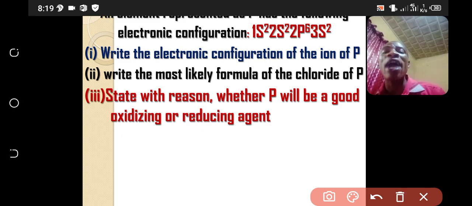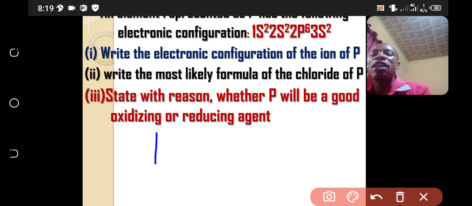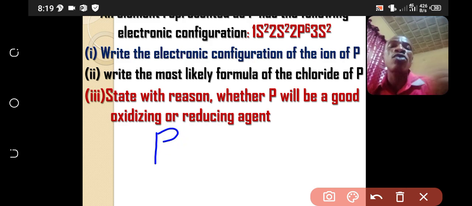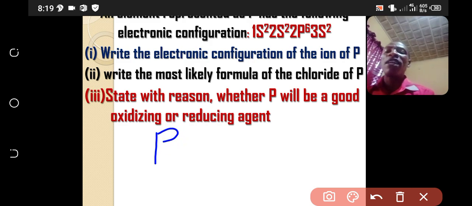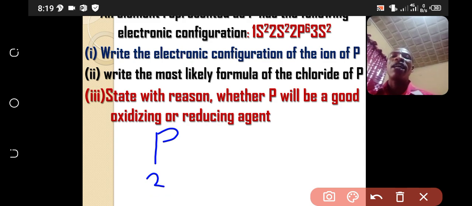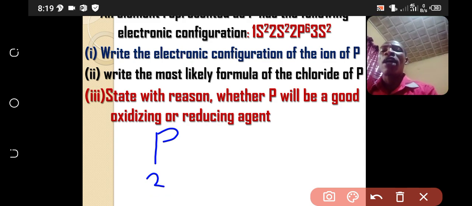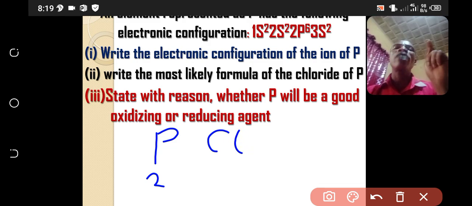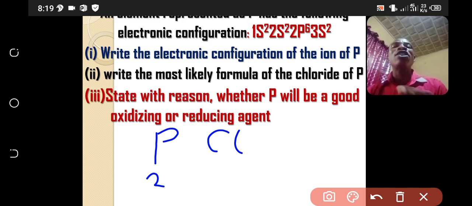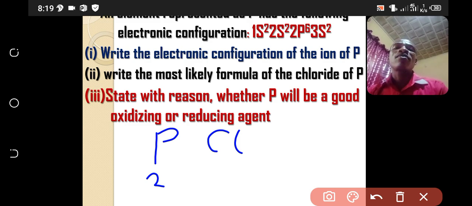Now number 2: write the most likely formula of the chloride of P. P has 2 valence electrons, which means the valency is 2. Don't forget that. Chloride is from chlorine, and chlorine is number 17, that's 2, 8, 7. Now the valency will be 8 minus 7, because whenever your valence electrons are more than 4, your valency will be 8 minus the valence electrons.